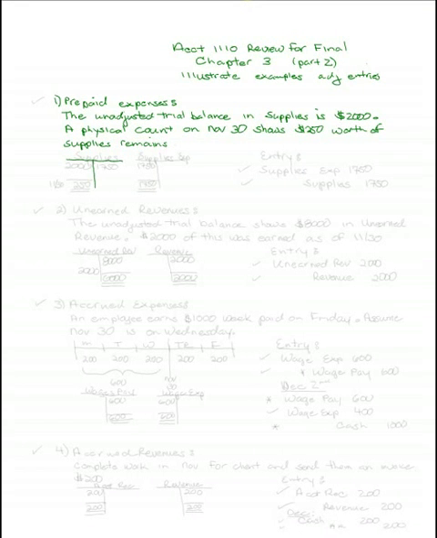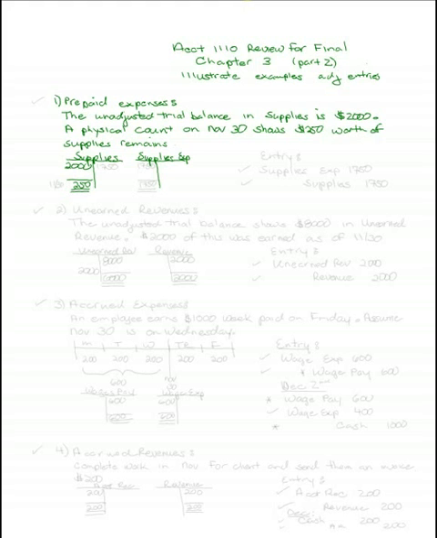The accounts that we're going to be looking at are the balance sheet account supplies, which has $2,000 in it, and its counterpart on the income statement, supplies expense, which is what prepaid supplies turn into as they're consumed. Our facts show us that there remains on hand at the end of the month $250 in supplies.